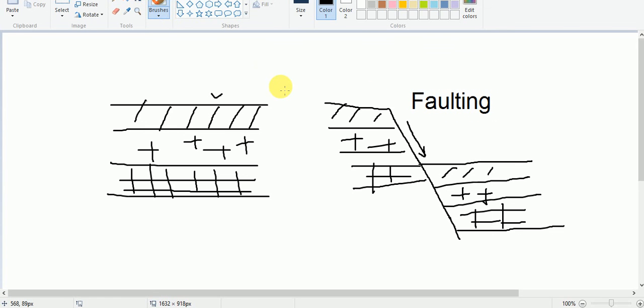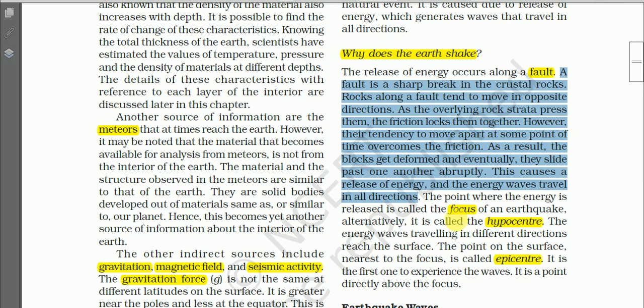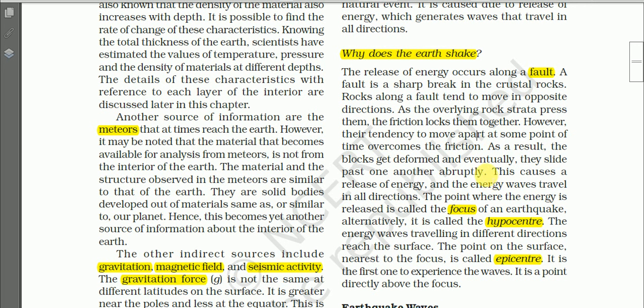When there is this faulting, energy is released along this fault plane, as given in the book. Energy is released when there is deformation, when the blocks slide past one another abruptly, and this causes a release of energy.